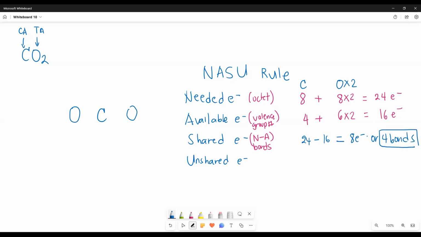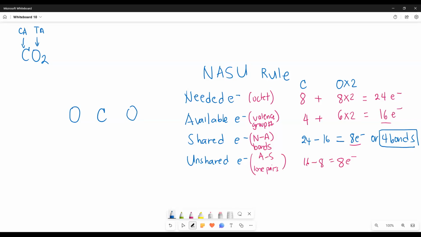How about unshared? Unshared electrons are going to be our lone pairs. The formula here is available minus the shared, A minus S. So you have 16 minus 8, which will be 8 electrons. How many electrons are there in a lone pair?